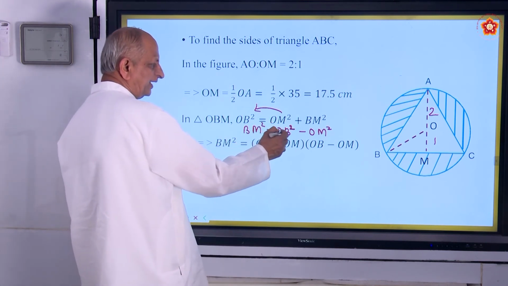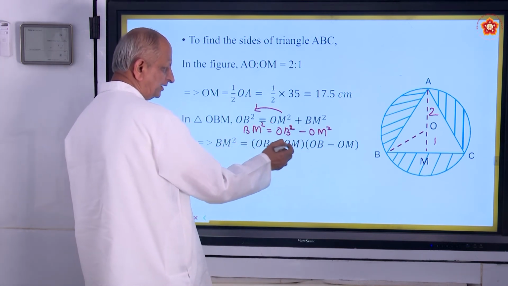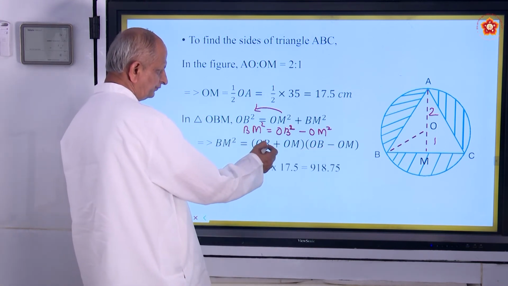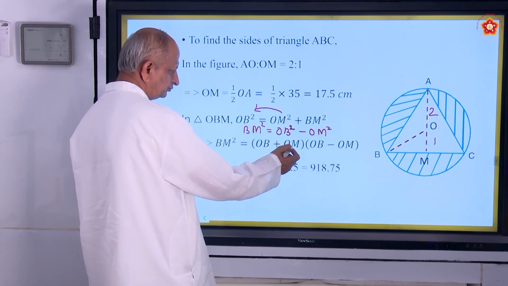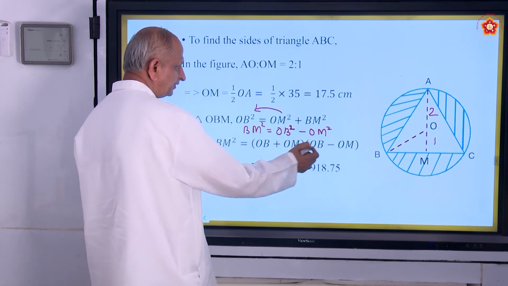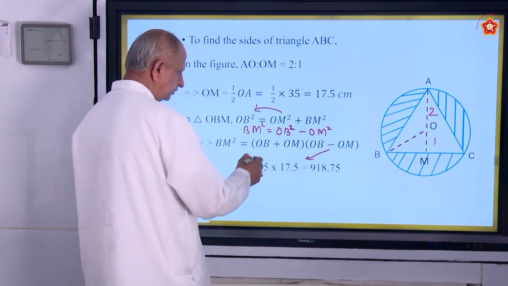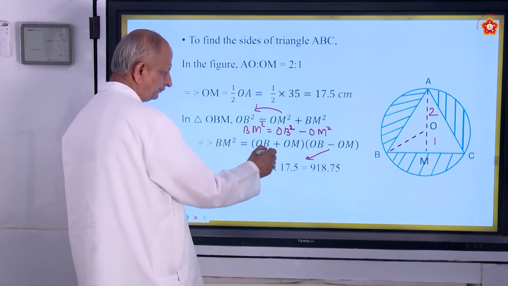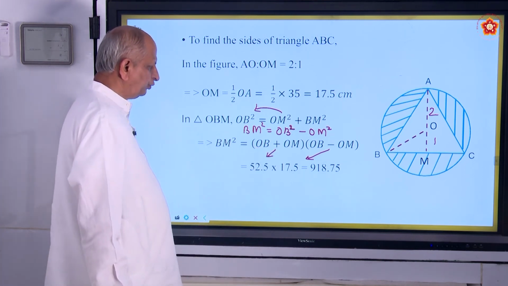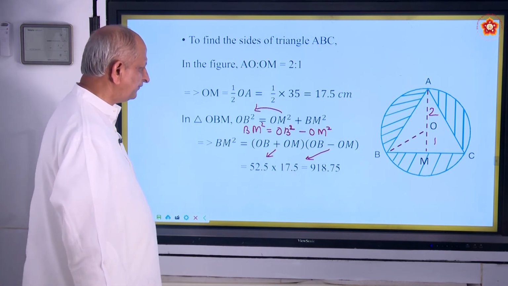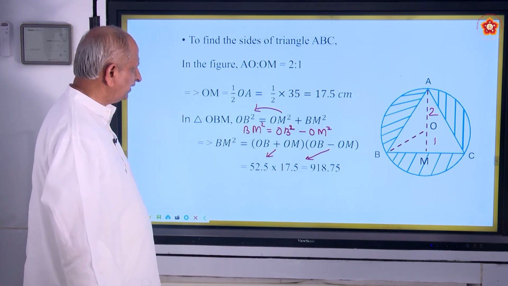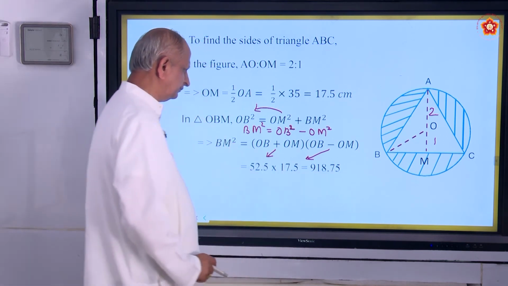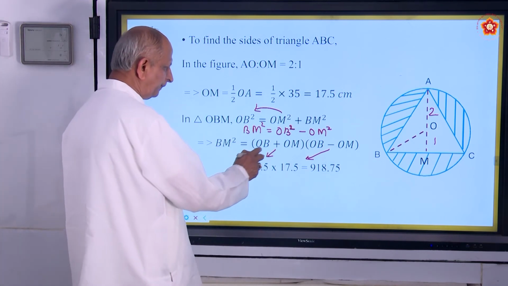If you use the formula A squared minus B squared, A plus B into A minus B, you get 35 plus 17.5, which is 52.5, and 35 minus 17.5, which is 17.5. If you multiply these, you get 918.75.